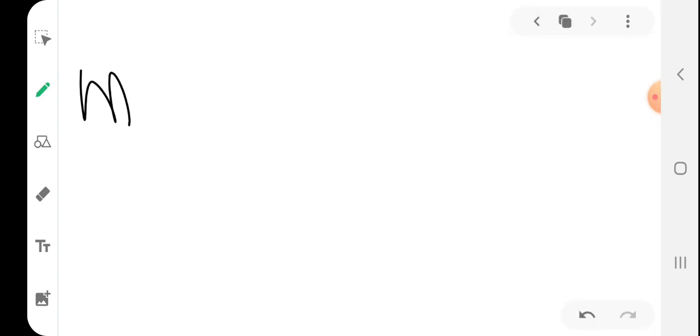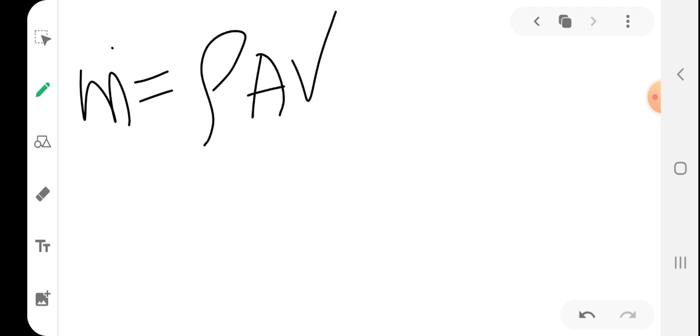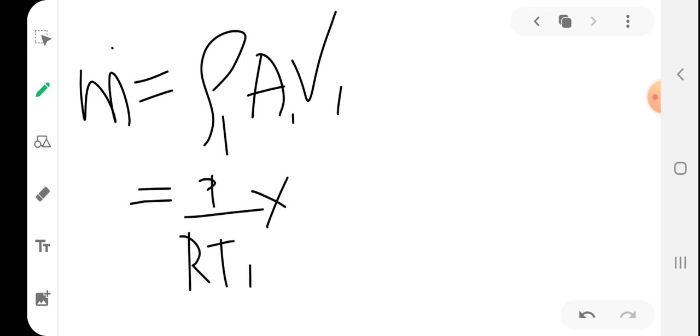The equation for m dot is the easy equation, rho A V only, right? Rho A V is either rho 1 A1 V1 or rho 2 A2 V2. I am taking rho 1 A1 V1. So rho 1 is P1 by R T1, into A1 into V1.